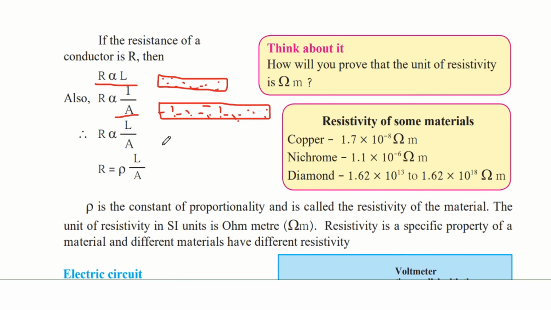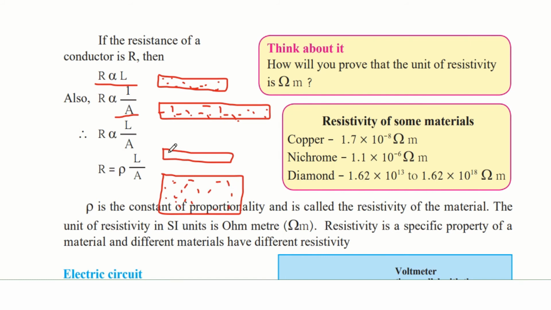Now, let us see two different kinds of conductors with the same length but different cross section. For example, imagine this is one conductor and this is another conductor. Both have the same lengths, but the cross section is different.